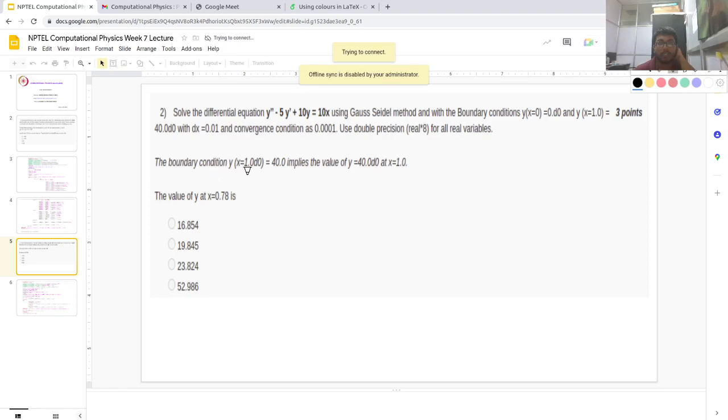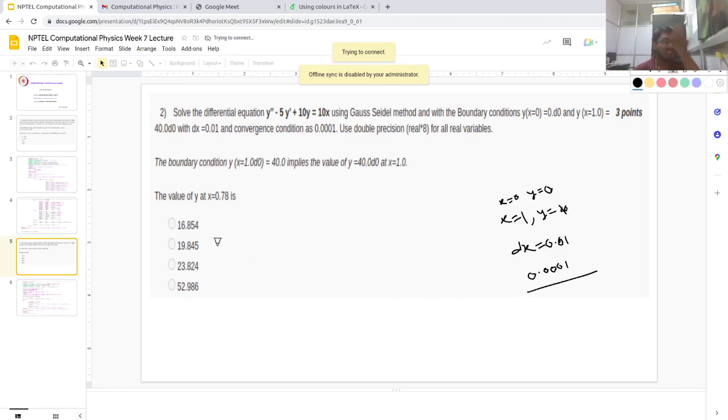So for x equals 0 you have y equals 0, and for x equals 1 you have y equals 40, and dx is given as 0.01, convergence condition 0.0001. These are the given values.